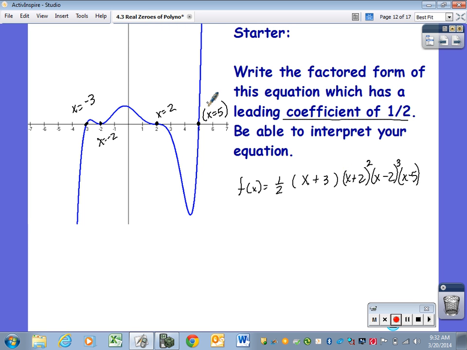Opposite end behaviors, starting negative to infinity, ending with positive infinity, leads to a positive leading coefficient. Matches. I have 1, 2, 3, inflection point 4, 5, 6 turning points, leads to 7th degree.